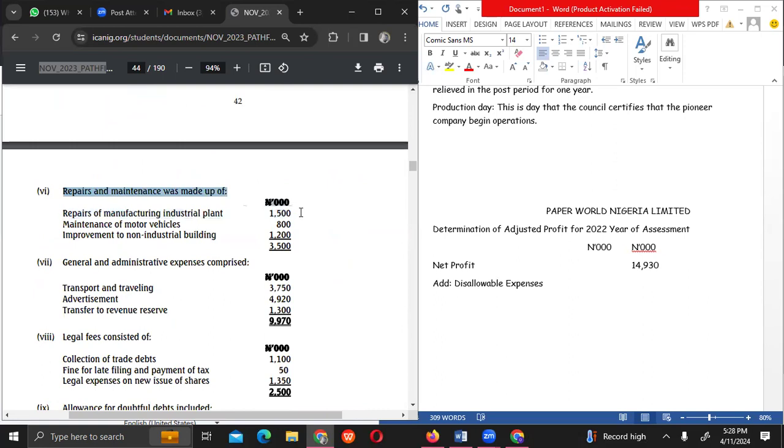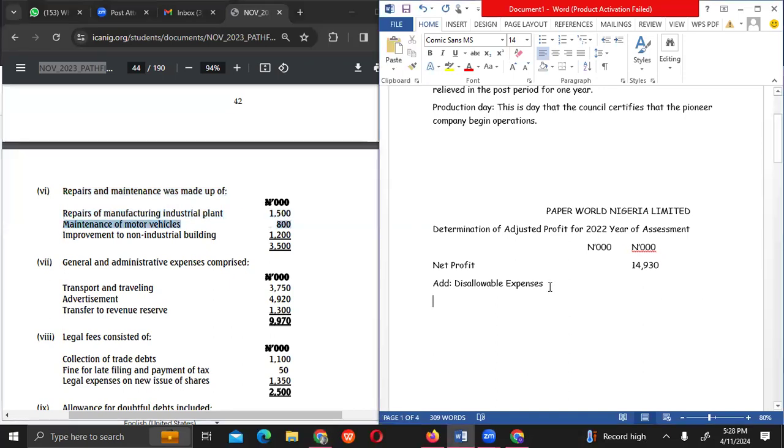Total repairs and maintenance was made up of repairs of manufacturing industrial plant, which is allowed. Maintenance of building is allowed, but improvement to building is disallowed. Do you remember? It should be capitalized, and we did that in computing our capital allowances.